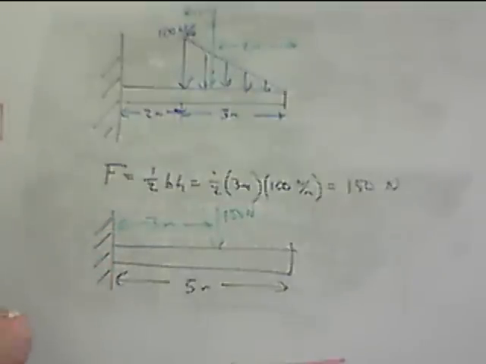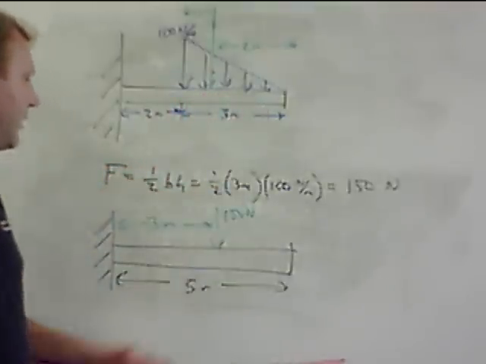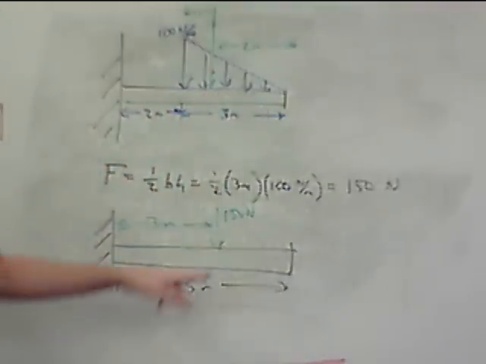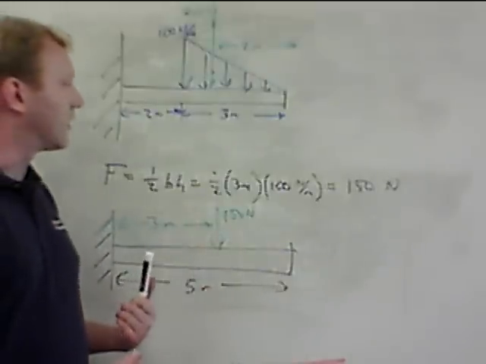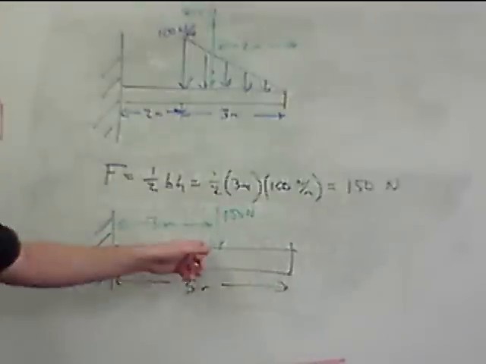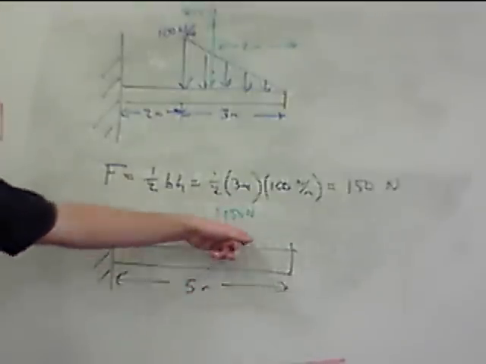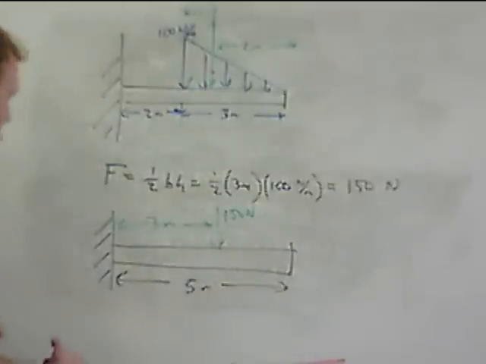So in this case, I've taken a triangular distributed load that's over the last 3 meters of my beam, and I've simplified it to a single force. Once we have it simplified to a single force, you can treat it as you would any other, generate a net force and a moment off this, and keep going with an equivalent system from there. Okay?